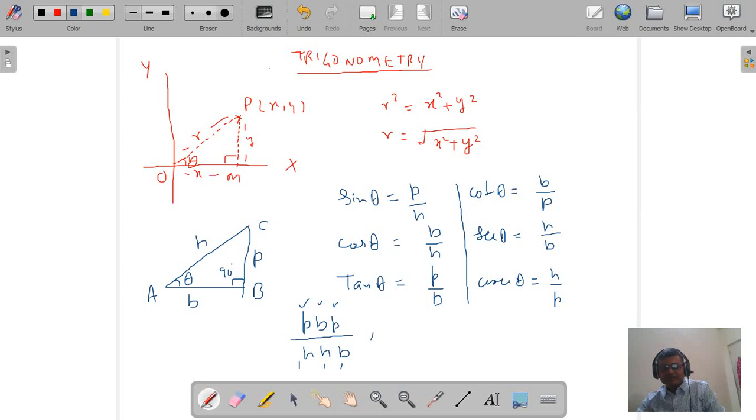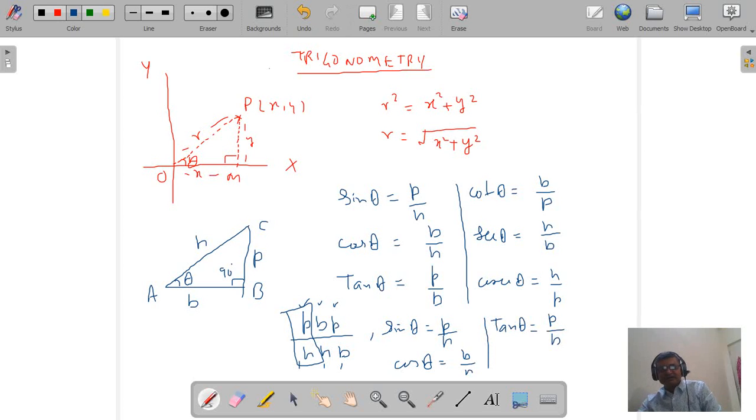When we are talking about sine theta, it is the first one, Pandit Badri Prasad Har Har Bole, so it is P upon H. Similarly, cos theta is B upon H. Tan theta is perpendicular upon base.